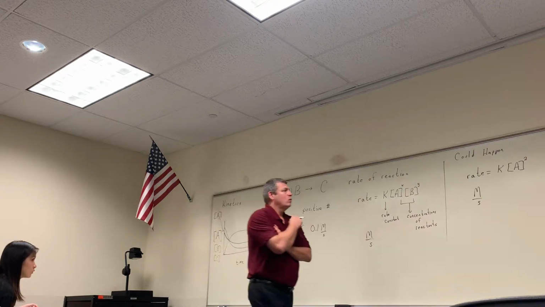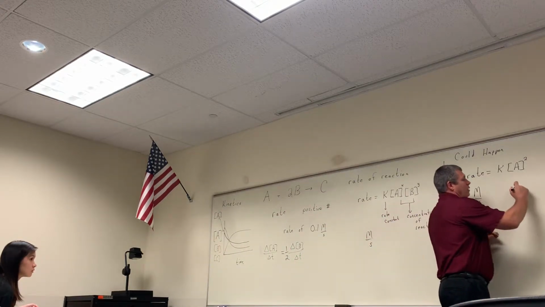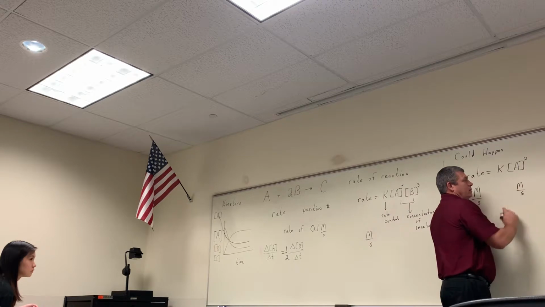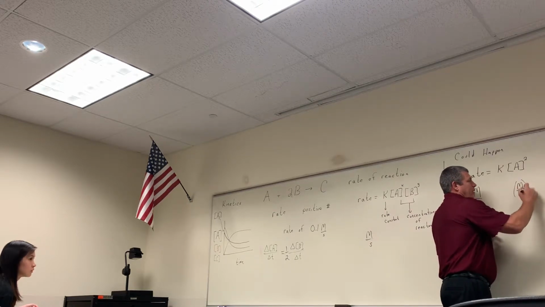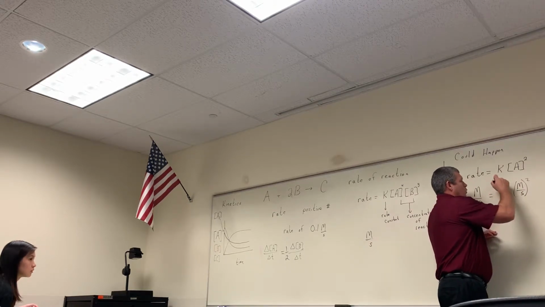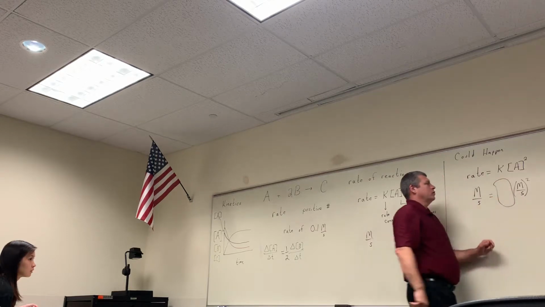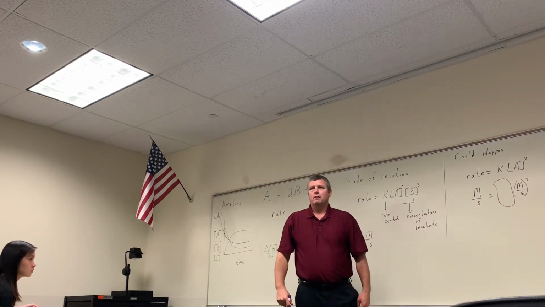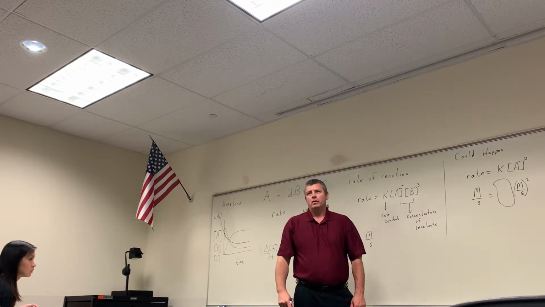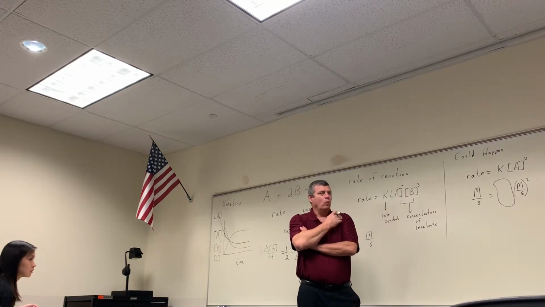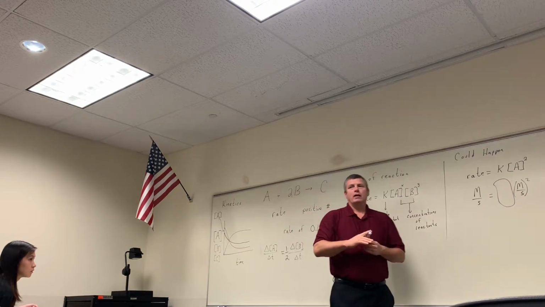So, the units for A would be molarity per second, right? But we're squaring that. So what would need to go here to make the units right? What units? What times molarity? Seconds over moles? Or seconds over molarity?